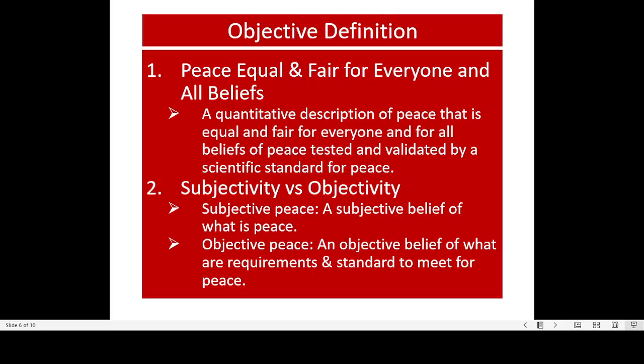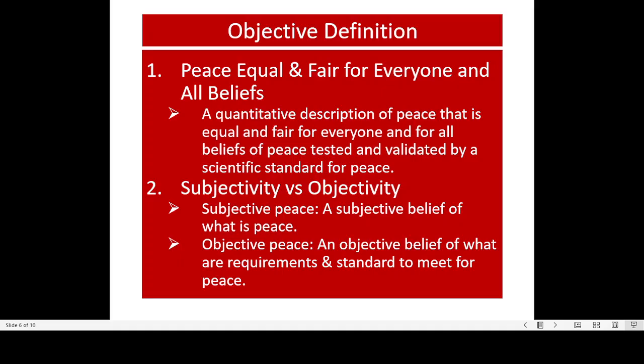Now, second step, objective definition. So we present here an objective definition for peace. It's a quantitative description of peace that is equal and fair for everyone and all beliefs of peace, tested and validated by scientific standard for peace.